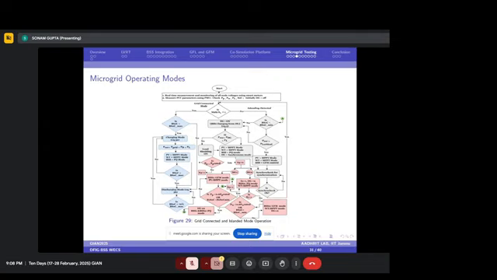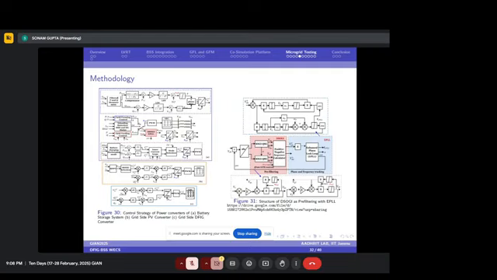And if a fault appears in any one of the buses associated with one cluster, then it will not impact the other cluster. That means during a fault or islanding, the whole network will not get impacted. Only that portion, or that cluster, where the fault occurs or where the bus is affected, will be impacted. So this one is the methodology.